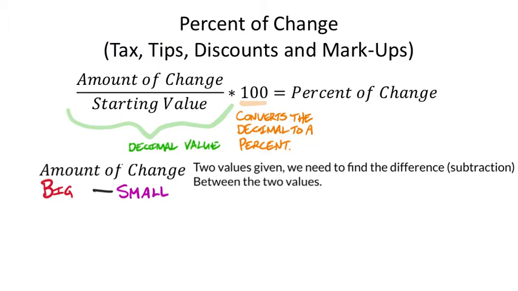Tips may not necessarily be that case. Usually you would have some kind of amount that you want to give in tips, but then you can figure out, based on how much of a tip you gave, if you don't already have a percentage in mind. Discounts as well, if for some reason you have how much a sale price is for an item, and then you have how much the price was before, then you could figure out the percent of change, which is the discount percent there.